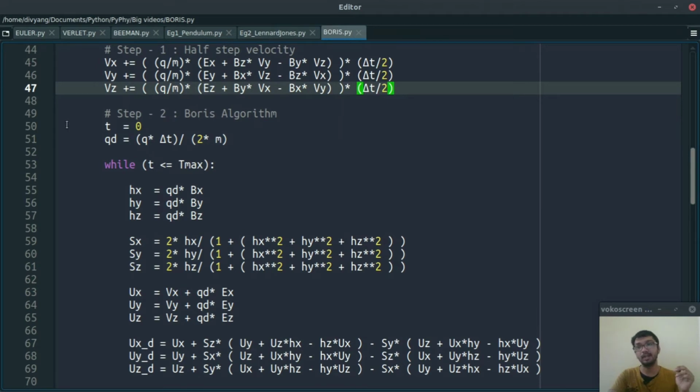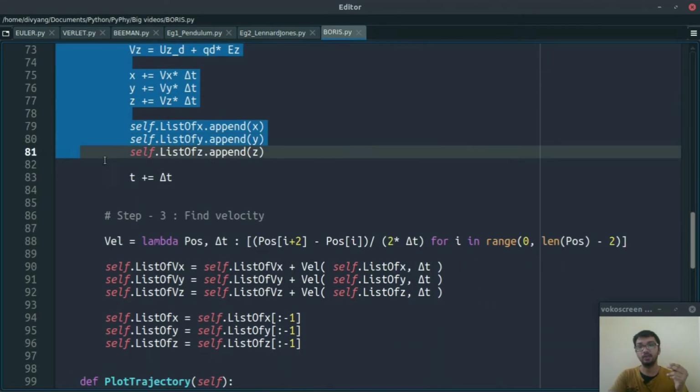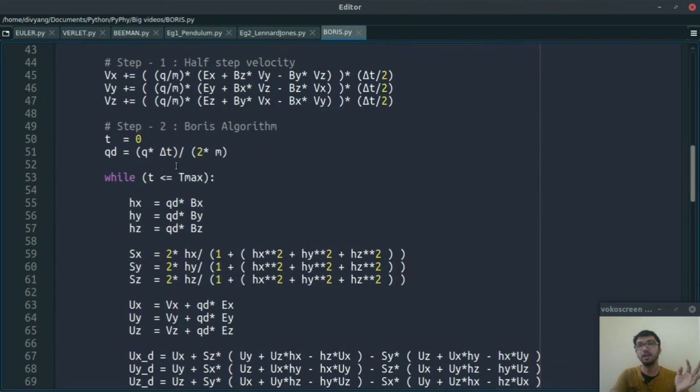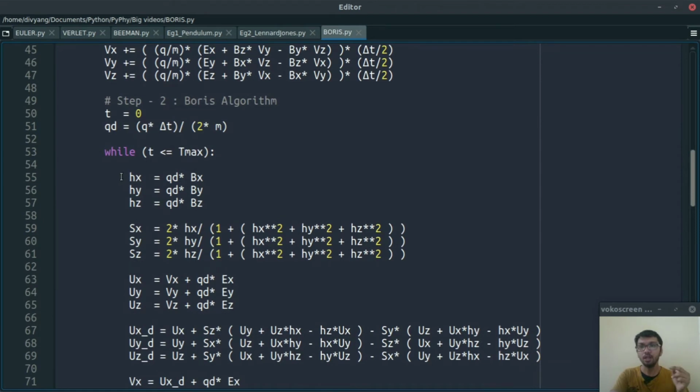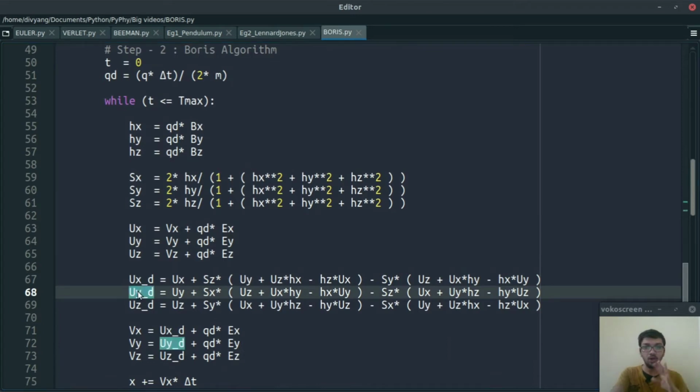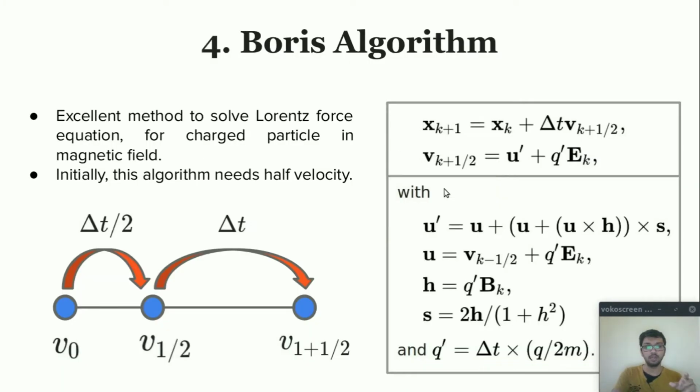We are ready for step 2. This step 2 is our Boris algorithm. So we are done with the initialization, and this is the Boris algorithm. Here you can notice the variables h, s, u, u dash. This is my u dash, this is u, this is h, and this is s.